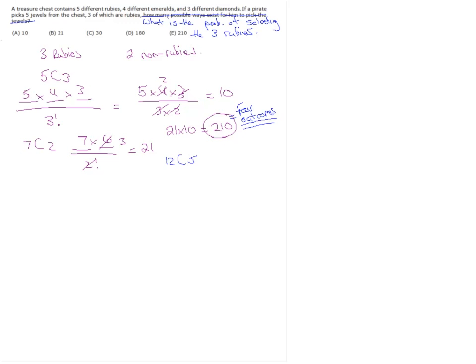So this is going to be, as I said, fairly large. 12 times 11 times 10 times 9 times 8 divided by 5 factorial, which is 5 times 4 times 3 times 2. We could do some canceling. And we get 12 times 11 times 6. We end up getting 792. So the total probability here without reducing is 210 over 792.